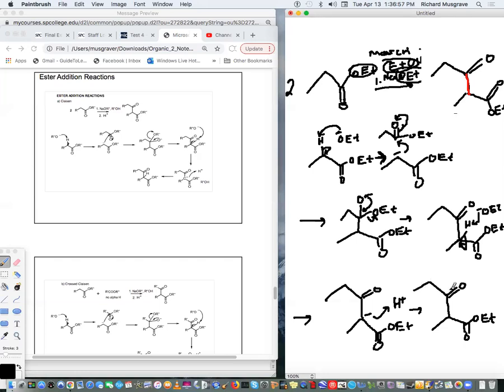Okay, does anybody have any questions about this? Any questions at all? I do. Where's that arrow going from what to what? From which arrow are we talking about? The first arrow, the second structure.